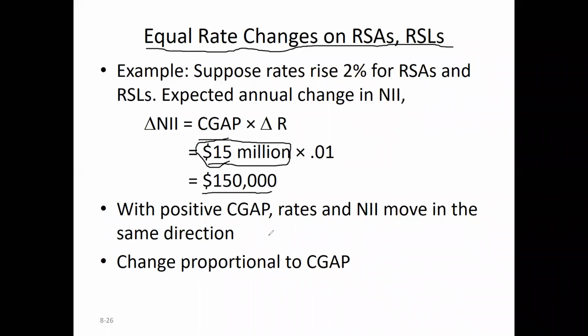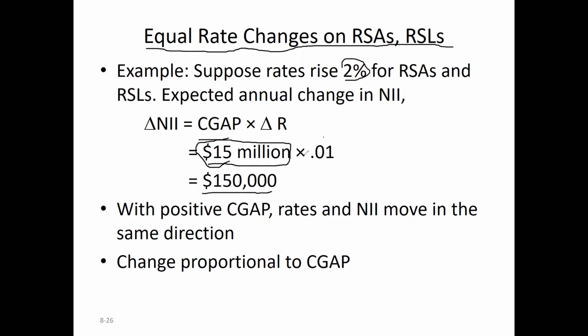With a positive gap, the gap and net interest income move in the same direction. However, if you change it proportional to the cumulative gap and it's a negative number, it will change differently.